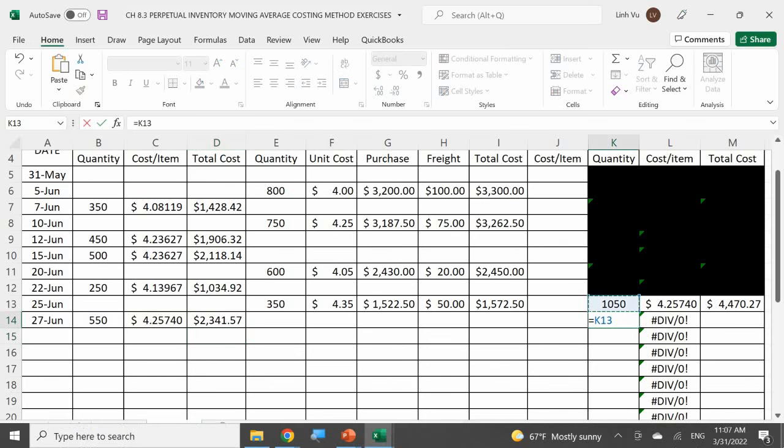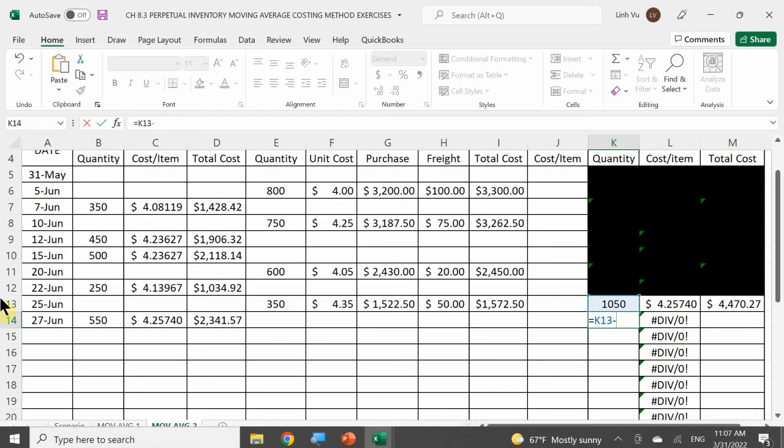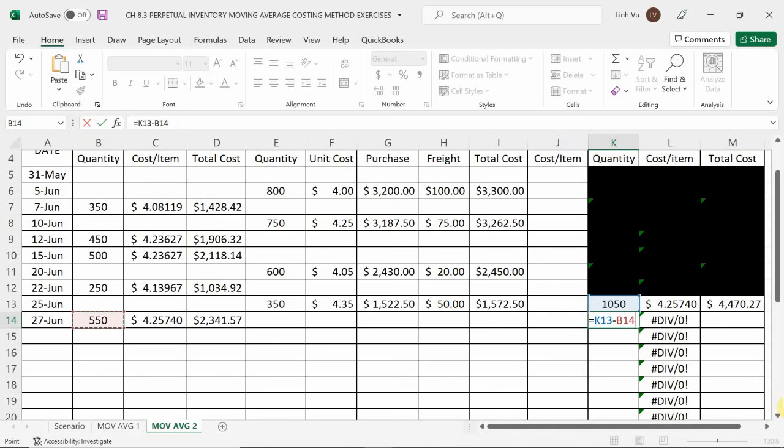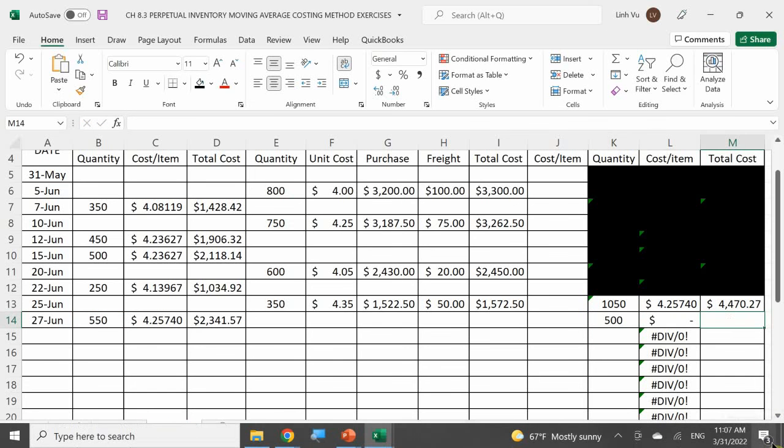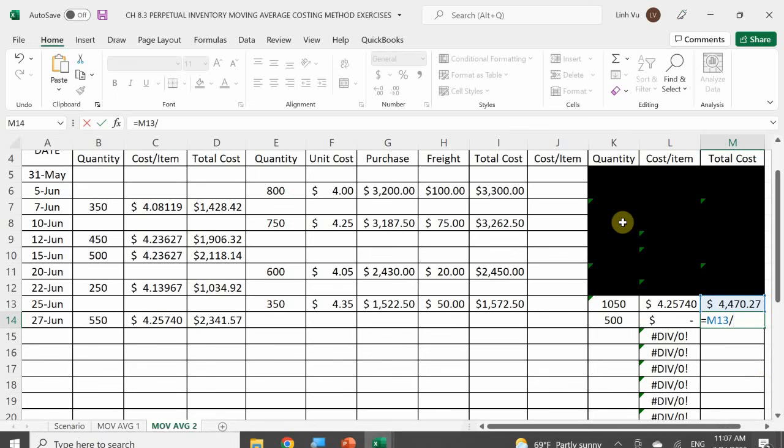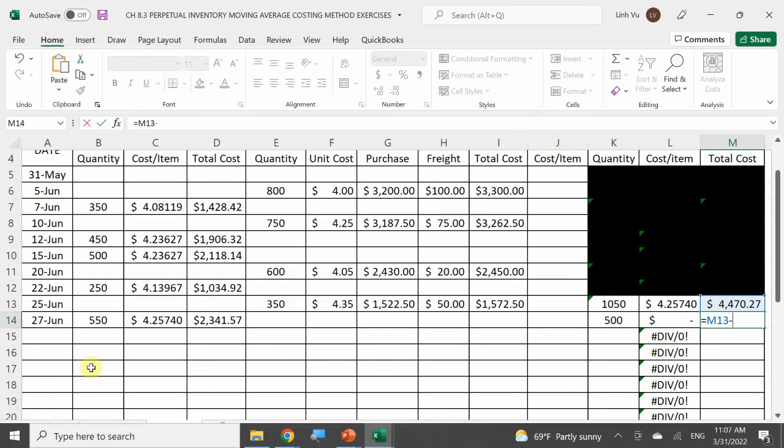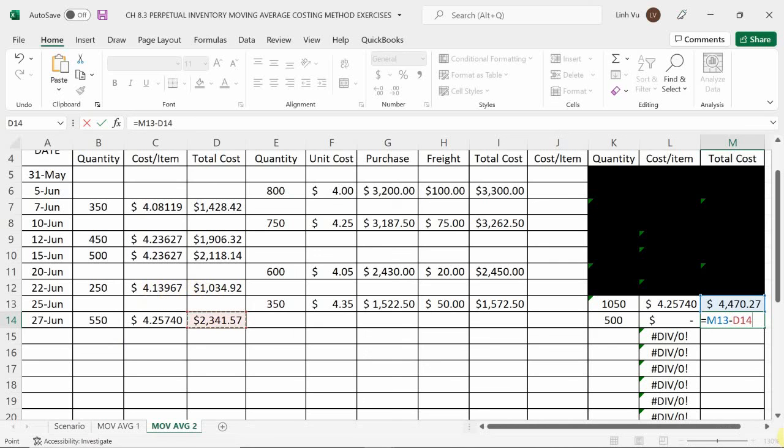So if you had 1050 and you sold 550, how much should you have left? 500. And if you had a total of $4,470.27 and you sold $2,341.57, how much should you have left? 2128.70. Good. Excellent.